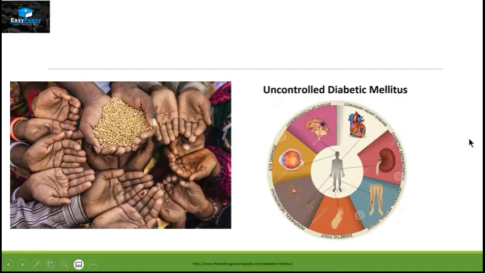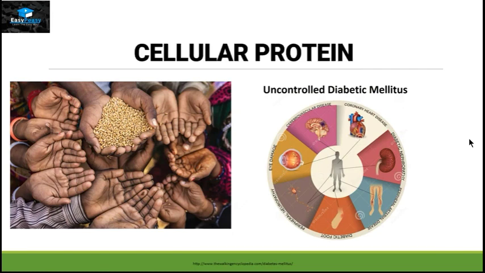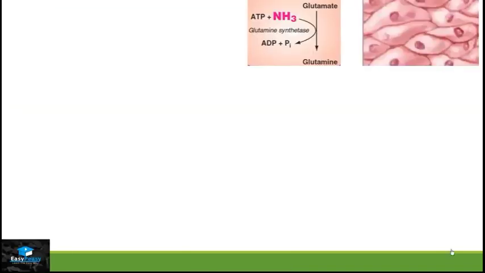So either through your dietary protein or your body cells, the body will make use of amino acids. In a case of starvation, that means there is lack of protein and lack of glucose coming into the body, the body will start wearing itself out, consuming its stored protein.